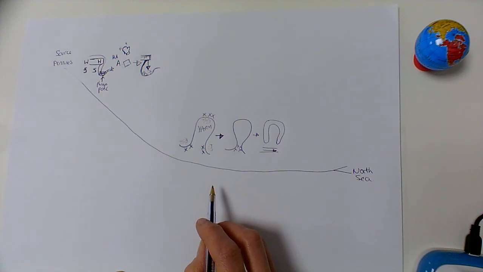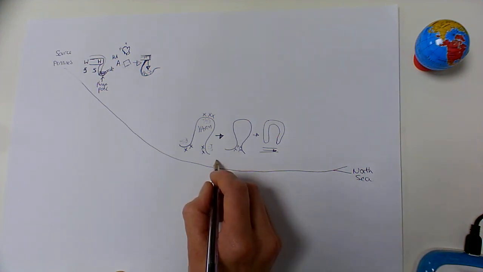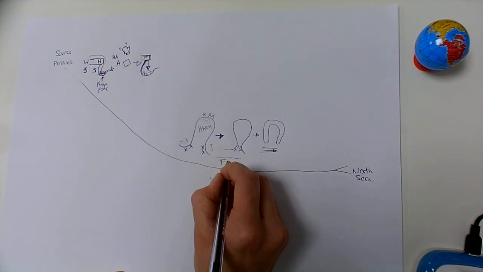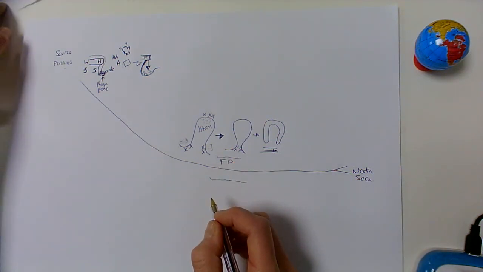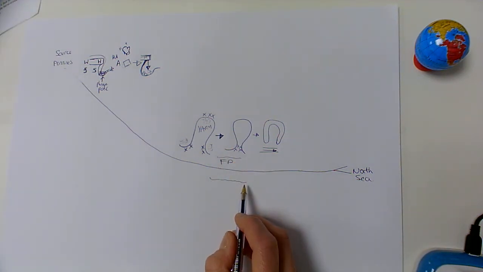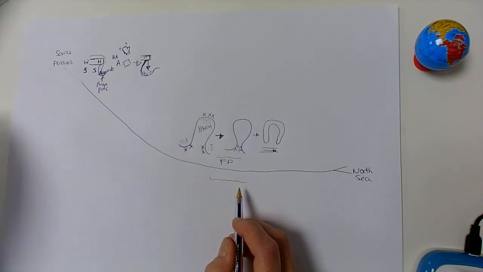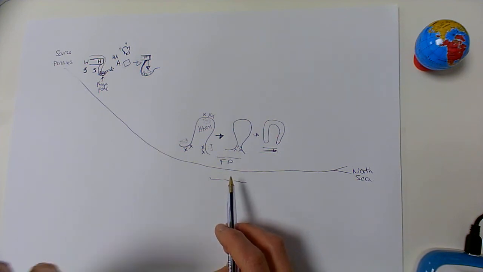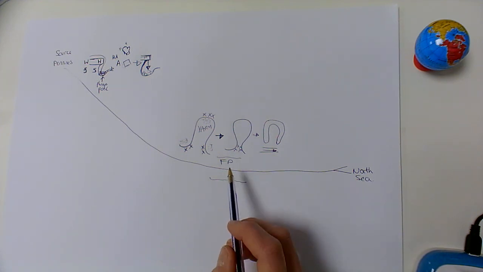Another feature we find in the middle and the lower course are the floodplains. These are areas of land either side of the river which can be flooded when a river is responding to heavy rainfall.